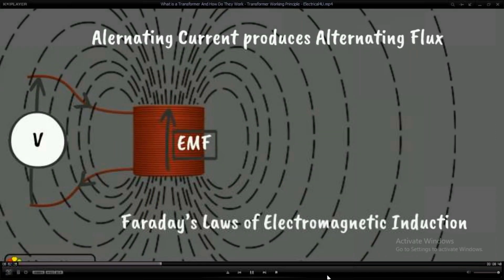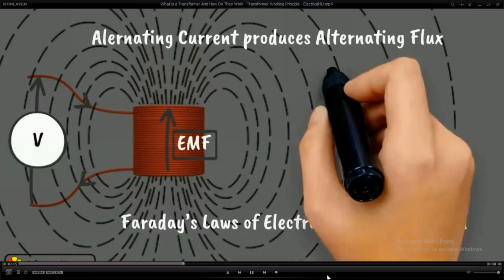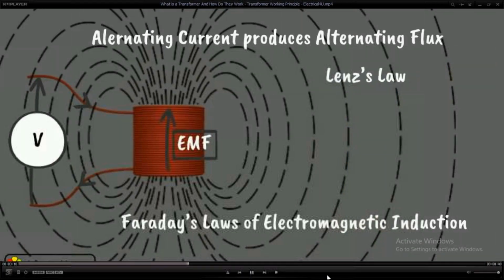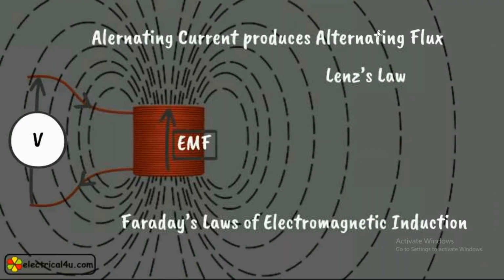Supplied alternating voltage causes alternating current in the winding, which produces continually varying flux inside and outside the winding. This continually varying flux produces induced EMF across the winding. So we can say that the supply voltage is the cause, and the induced voltage in the winding is an effect of this cause. Hence, according to Lenz's law, this induced voltage will be in opposite polarity of the supply voltage.